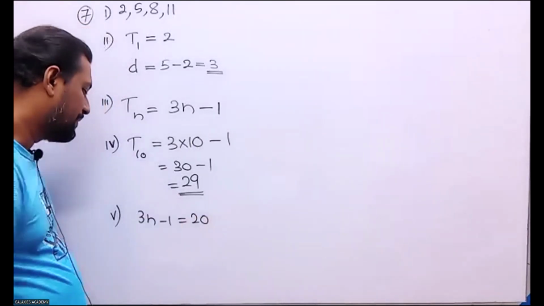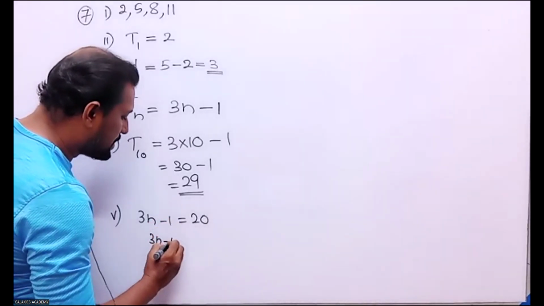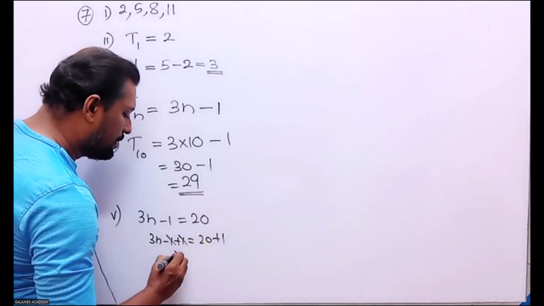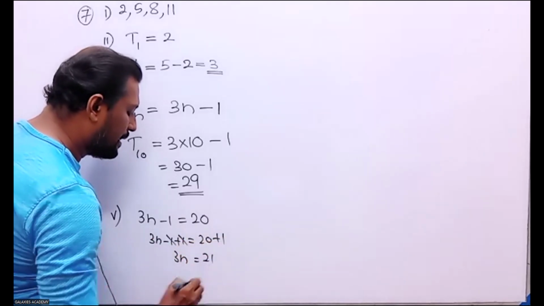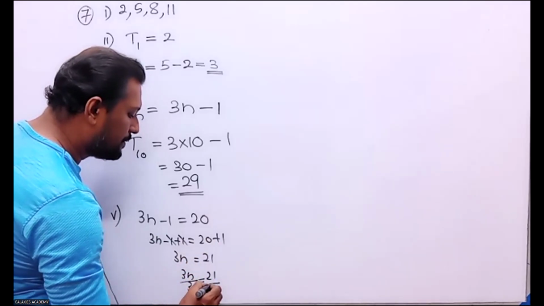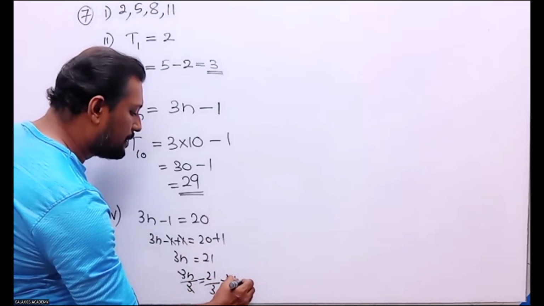Now you can simplify. This minus 1, first we can remove from this side. Both sides you can put plus 1. Then 3n equal to 21. Now both sides you can divide by 3. So n equal 7.